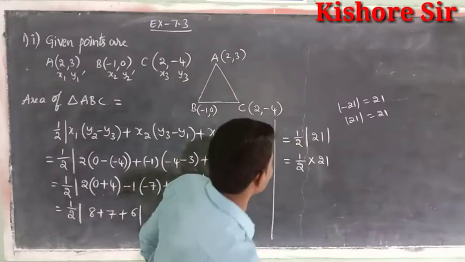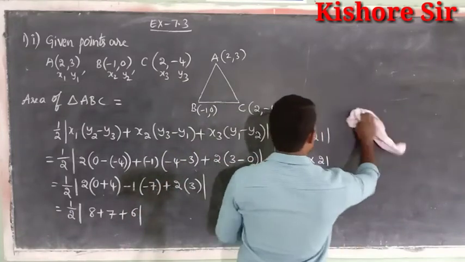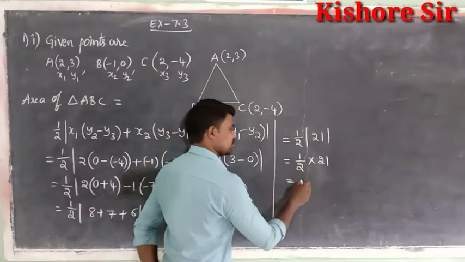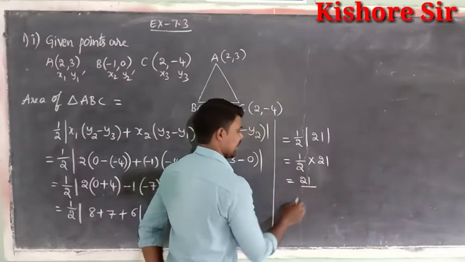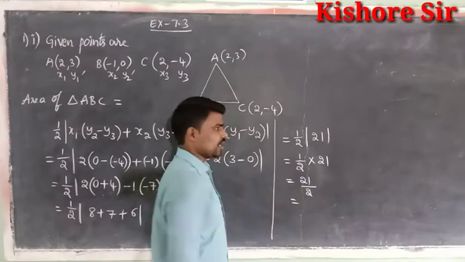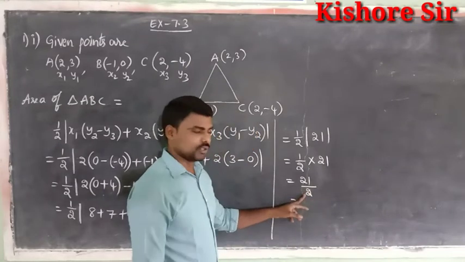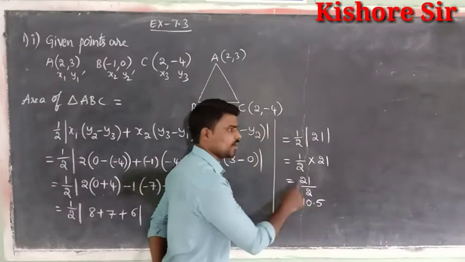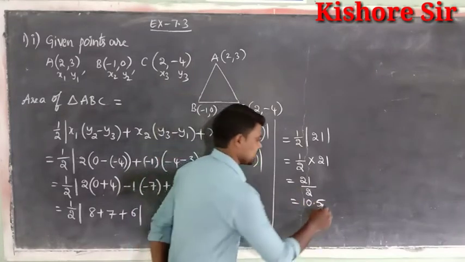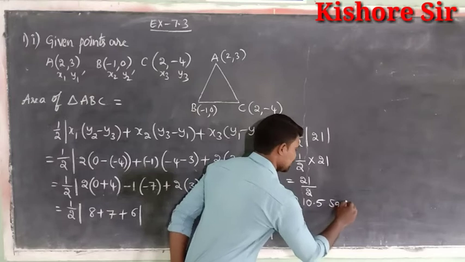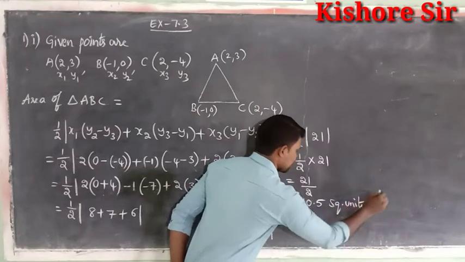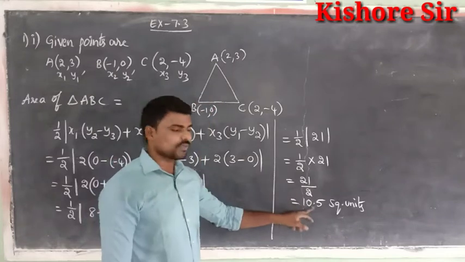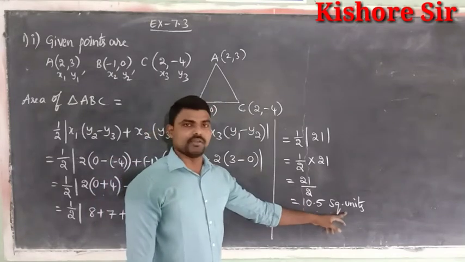So here remove the modulus, you get 21. That is equal to 1 into 21 by 2, that is 21 by 2. 21 by 2 means 10.5. This is the area of the triangle. So area of the triangle ABC is equal to 10.5 square units.